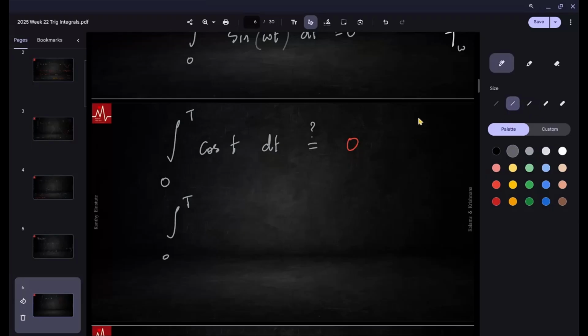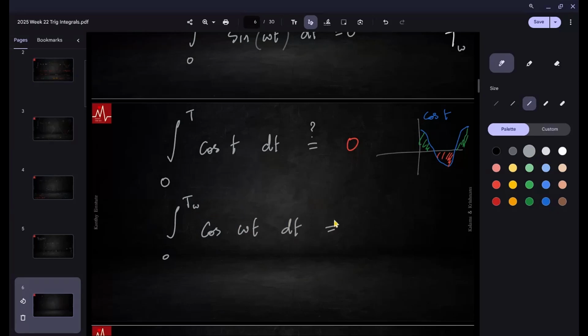Again, if any of you are wondering, cos function. That's your positive area and your negative area. They will exactly cancel. That's your cos function. Cos omega t, of course, you will have to put t omega.